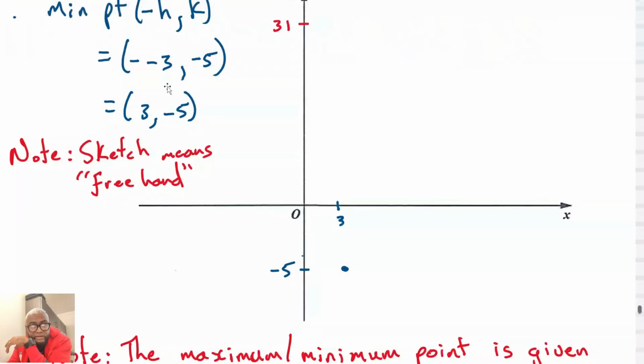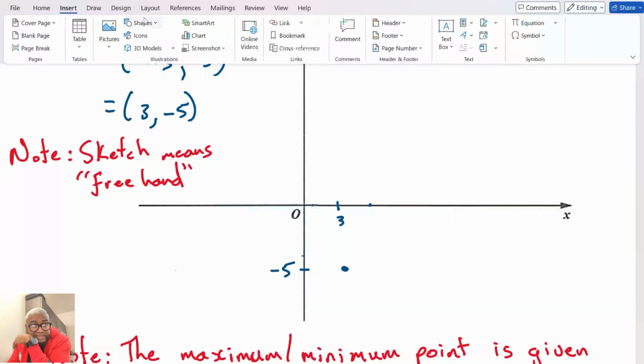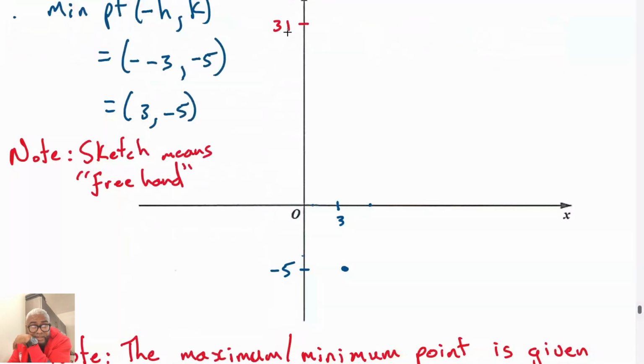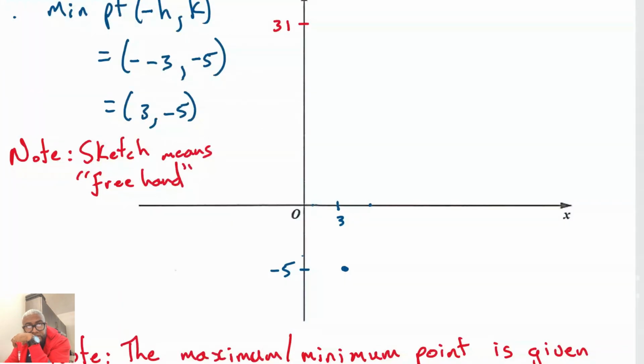So let me draw a curve. You can sketch it freehand. I'm starting up here and coming down straight through here. Wait, that's not going to work. Delete that. It has to come a little sharper, like here.